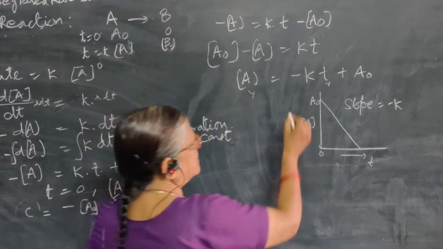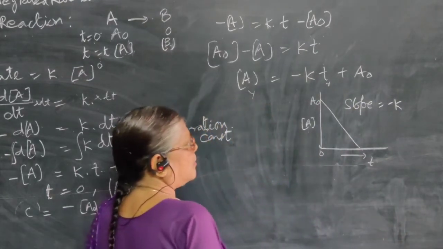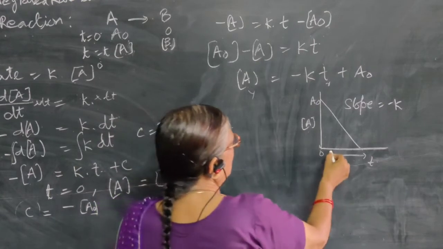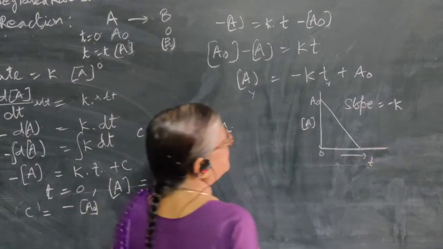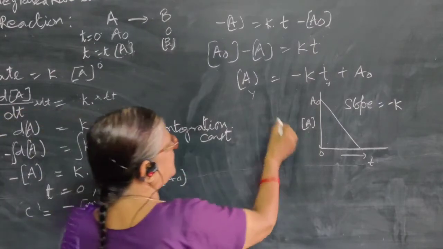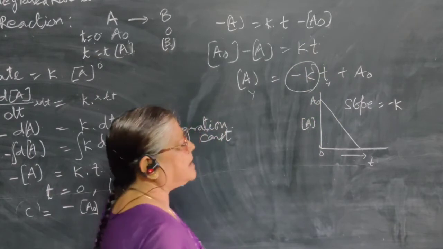Because here the slope is negative, the line will come from top to bottom, that is, it will go downward as a straight line. And then the slope of the line will be equal to minus k. So when we plot a graph of A versus t, the slope of the line will be minus k.